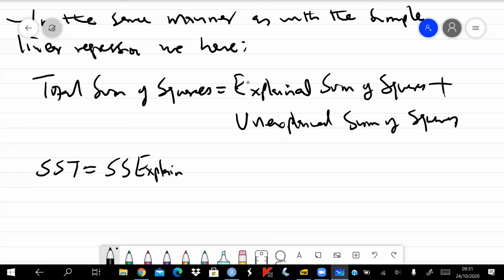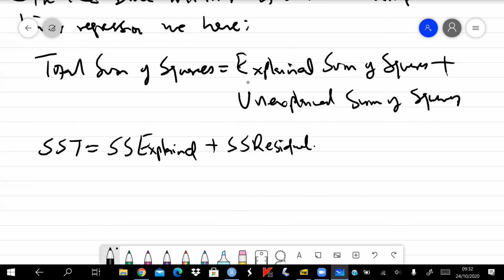There are some people who use SSE to mean sum of squares due to errors, but here we are not calling them errors, we are calling them residuals. So I prefer to have it in this format so that there is no confusion: explained plus sum of squares due to residual.